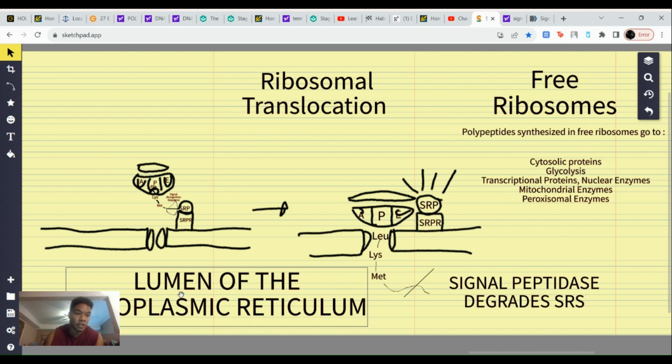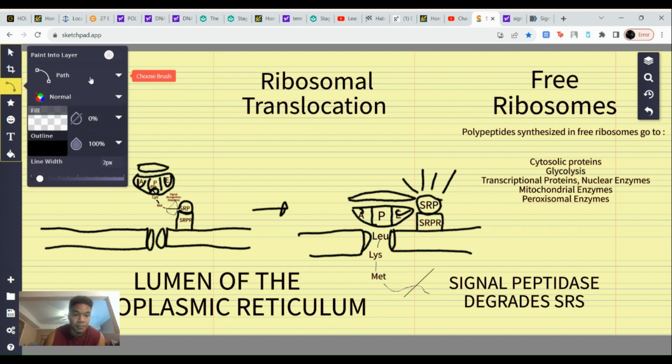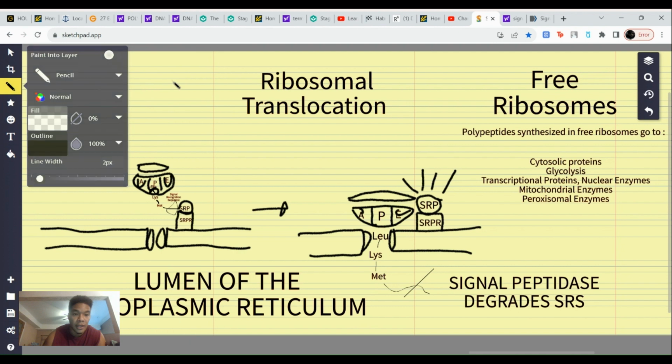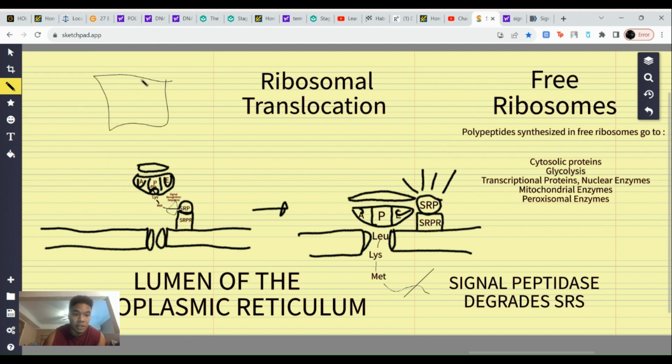So I'll just draw the cell real quick so that we have an example. So we have our cell, we have our nucleus, and then we're going to have ribosomes just chilling somewhere in the cytoplasm.